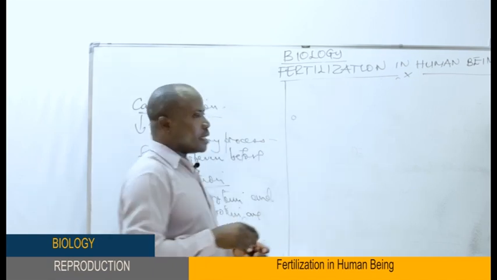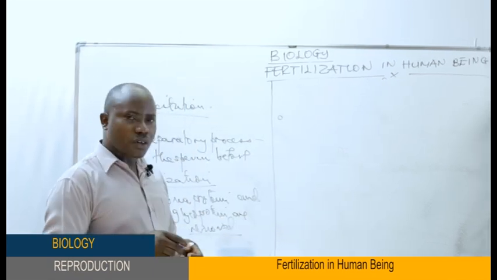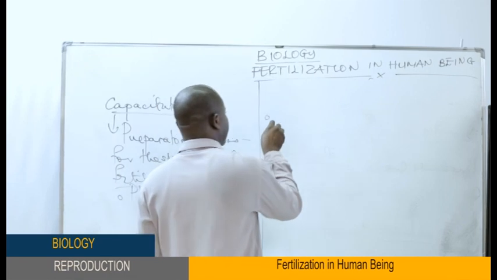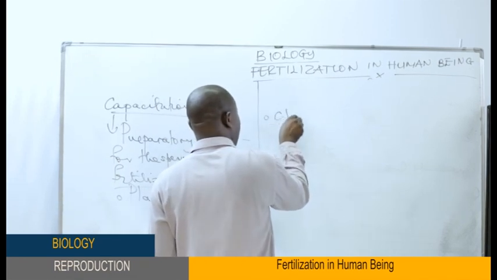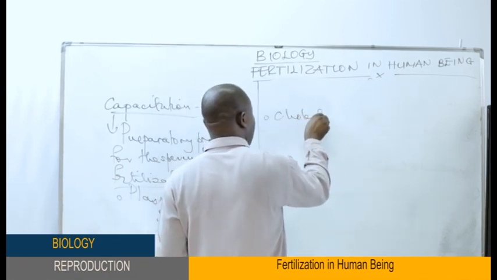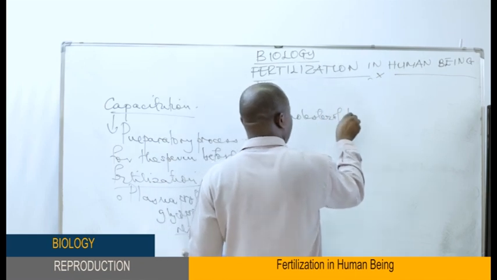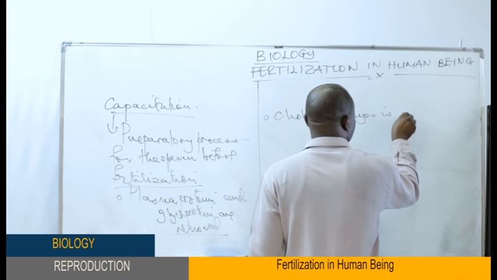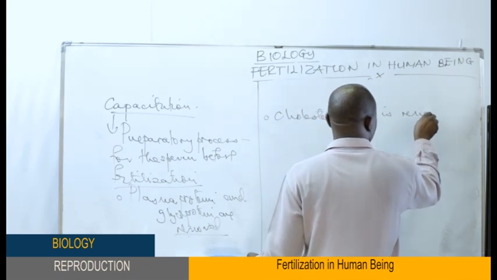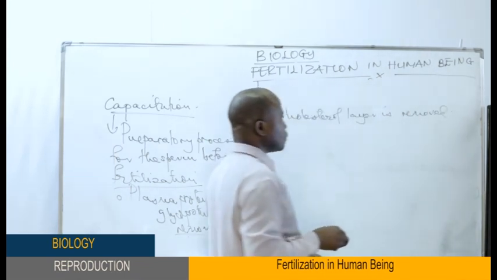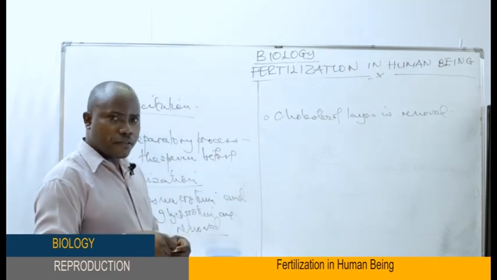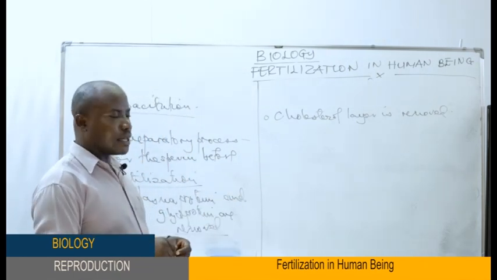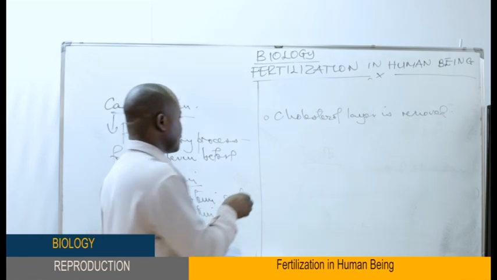Second is that the cholesterol layer is removed. Also, capacitation involves the removal of the cholesterol layer from the sperm head.